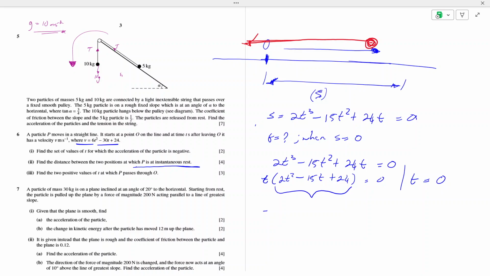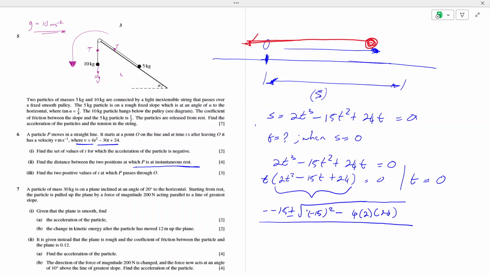Negative, negative 15, plus or minus the root of negative 15 squared minus 4 multiplied by 2, which is the a, and then c, which is the 24.